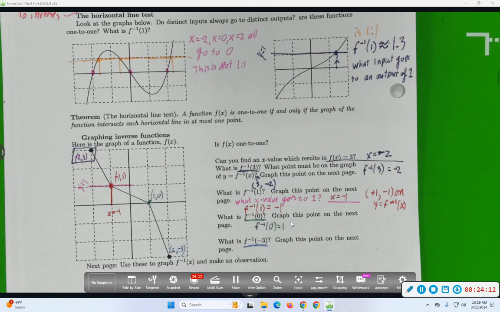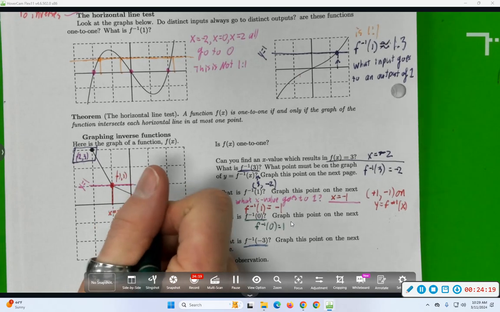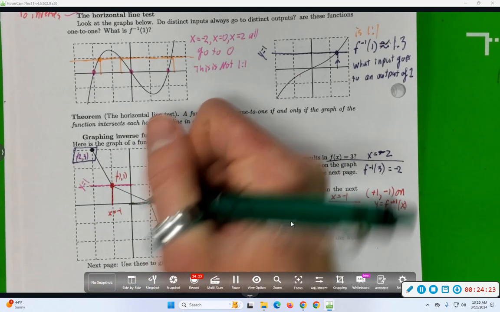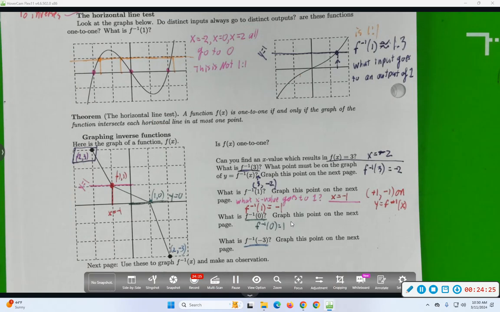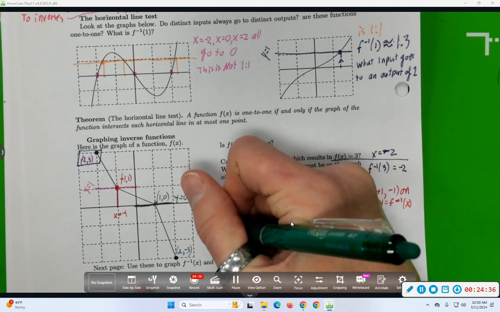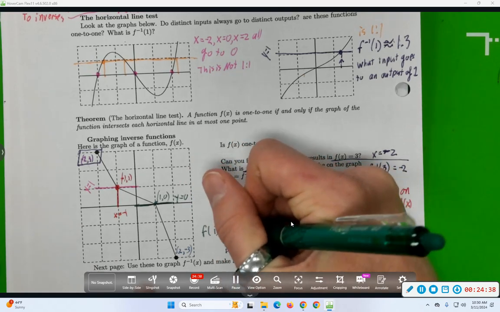So I'm interested in an output value of 0 for this function. Output value is y value. So I'll think about y equals 0. What is the x value you see on this graph that has y equals 0? 1. So, you know that f of 1 equals 0.